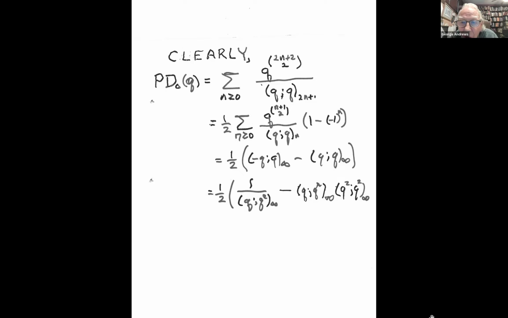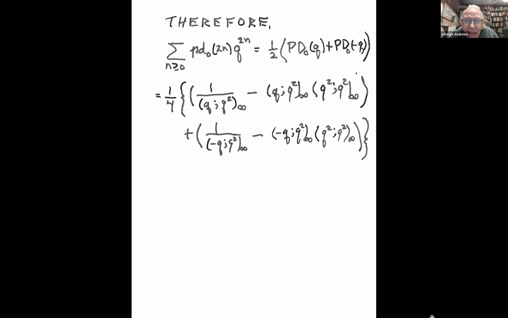That kills out all the even number terms and leaves me with the odd number terms. And then I can sum the series, as you see in the third line, and use Euler's identity for minus q infinity, which is 1 over q squared infinity. And I can split the infinite product q infinity into two infinite products, as you see there.